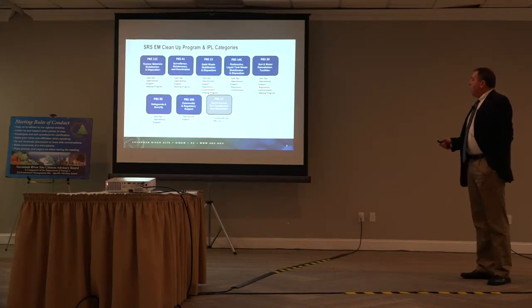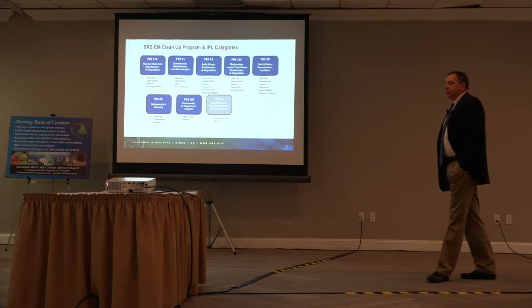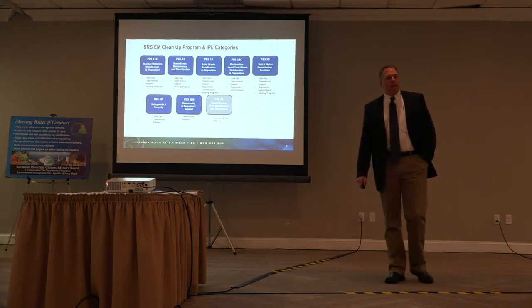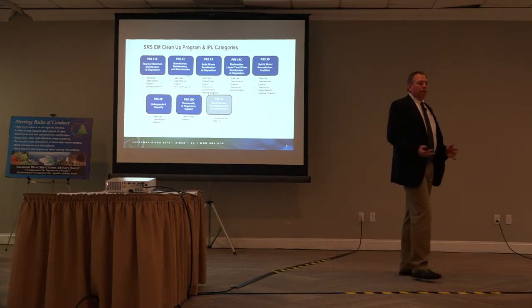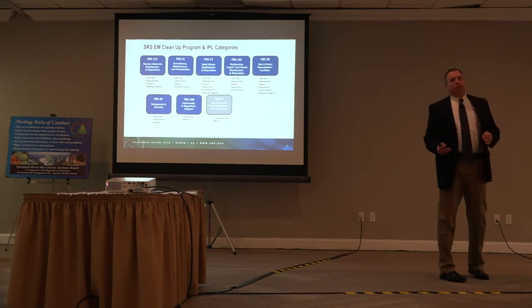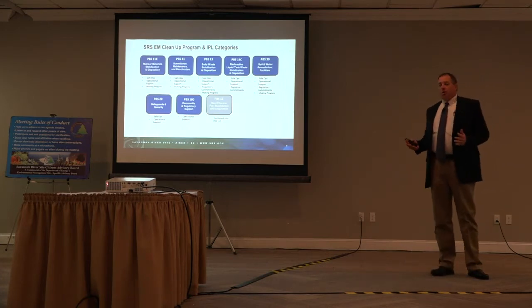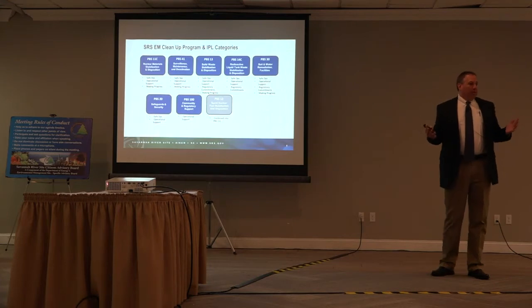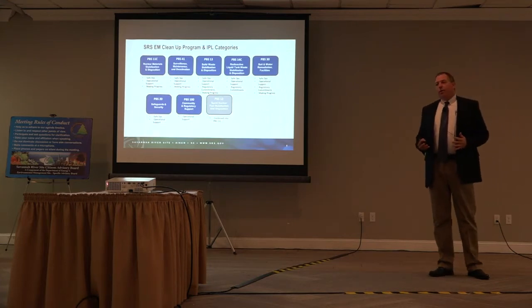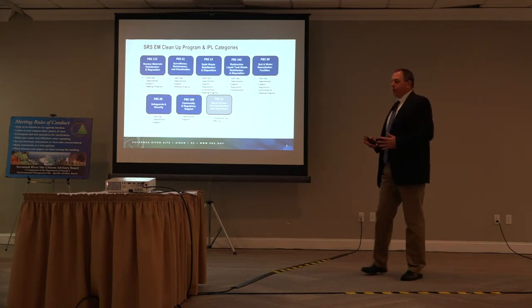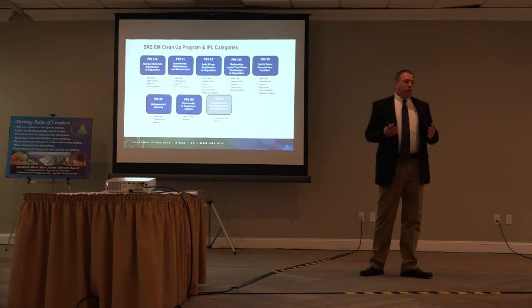One PBS that's not listed here is cybersecurity. In fiscal year 18, we created a new PBS, PBS 25, for cybersecurity. Everybody knows what's going on with cybersecurity across the world, okay? And in order to bring more visibility to the cybersecurity program, we created a new PBS.